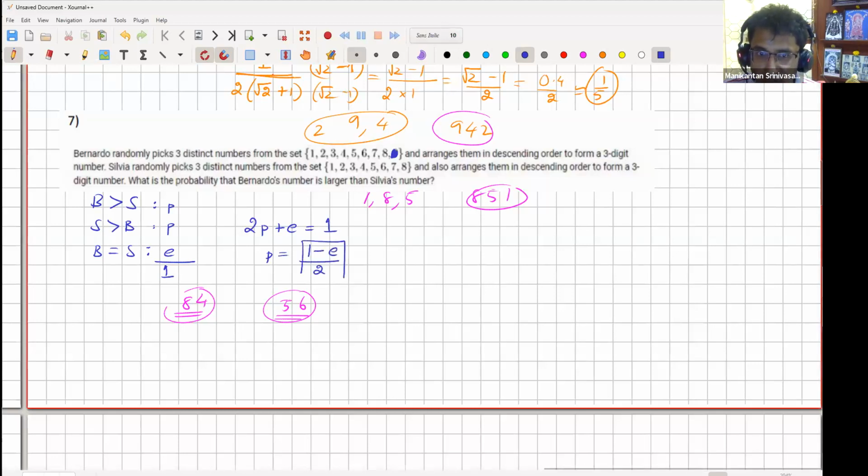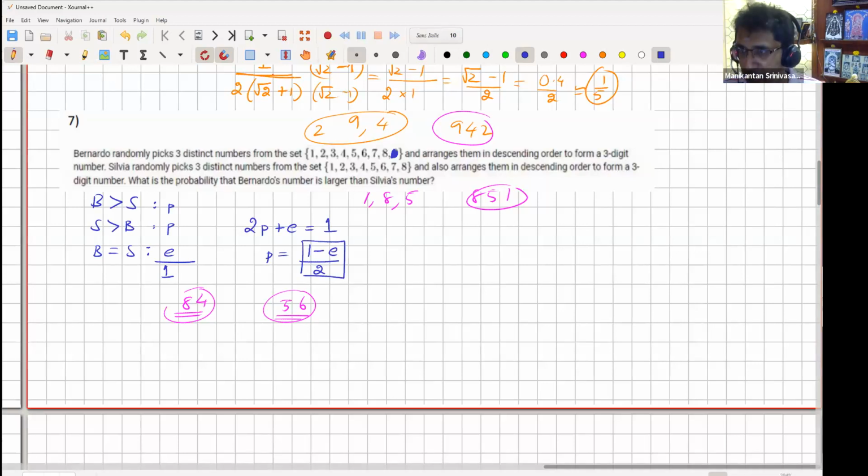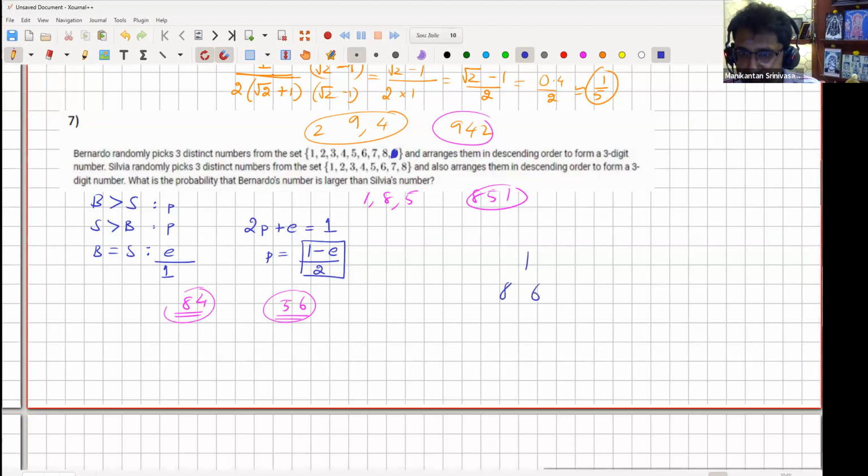If you are able to find E, which is the probability that both pick the same number, in the sense effectively both pick the same triple of numbers. The order does not matter. The first guy picks 1, 8, and 6. The other guy picks 6, 1, and 8. It doesn't matter.